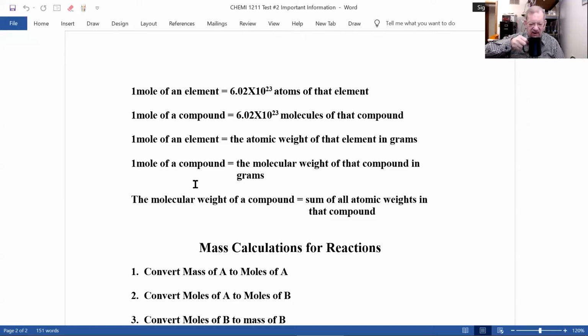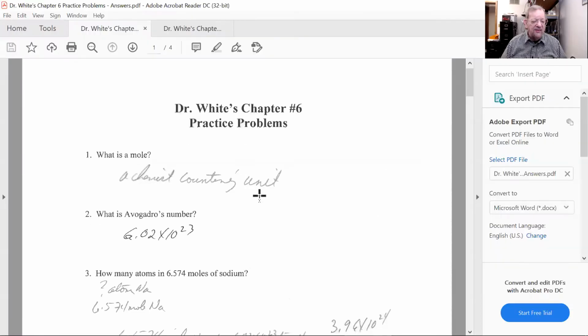And the molecular weight of a compound is equal to the sum of all atomic weights.